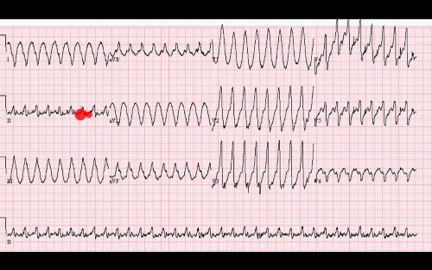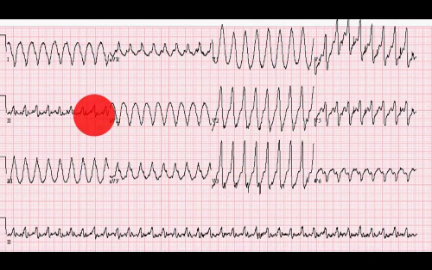Now, the next thing we have to do is look for atrial evidence. And in lead 2, there is a suggestion of flutter waves.